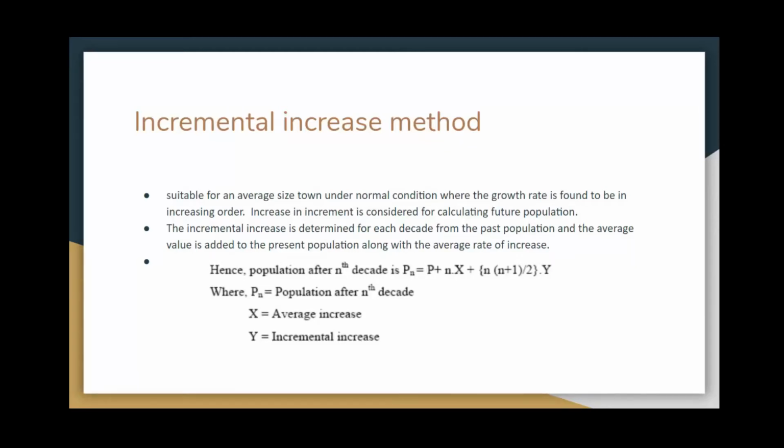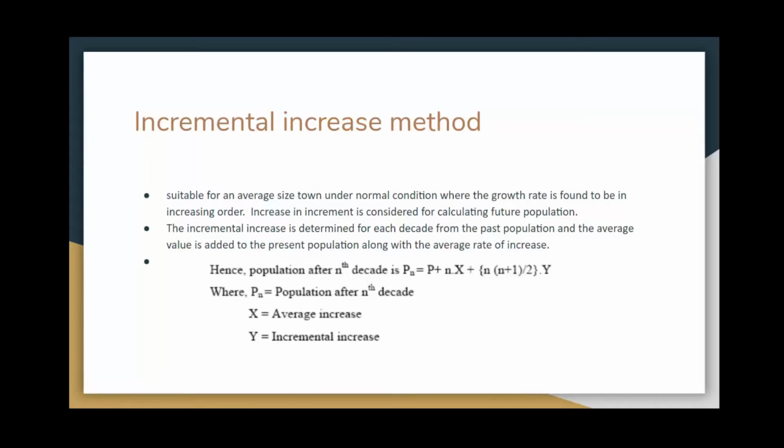Then we will go on to the equation for calculating population forecasting in the incremental increase method. The equation is as in the slide: Pn is equal to P plus n into capital X plus n into n plus 1 divided by 2 into capital Y. Here capital X is the average increase in population, that is x bar.